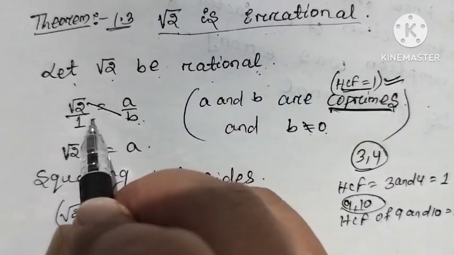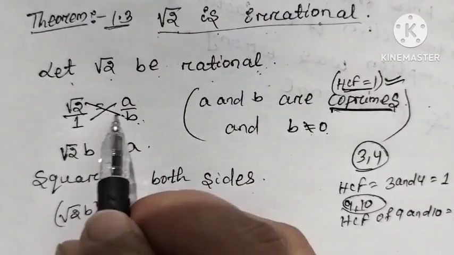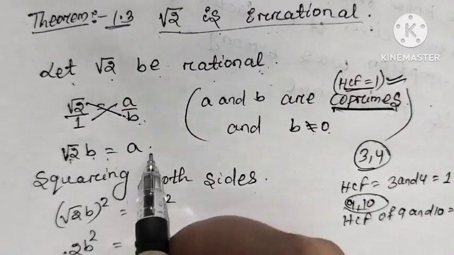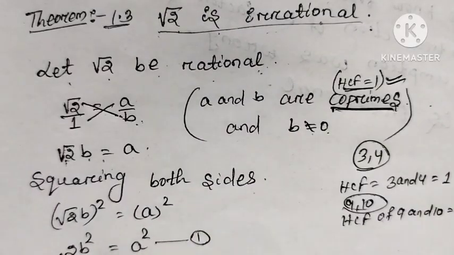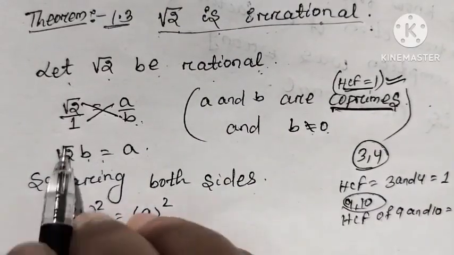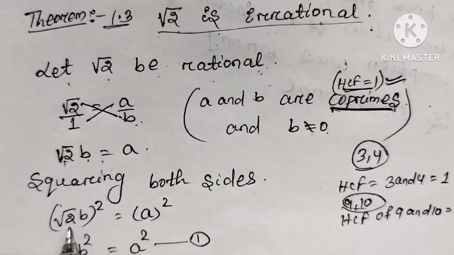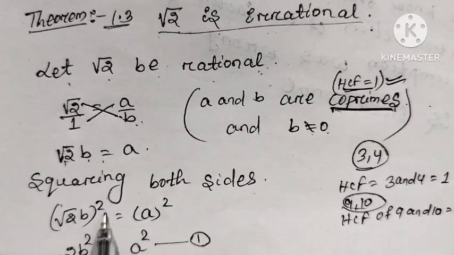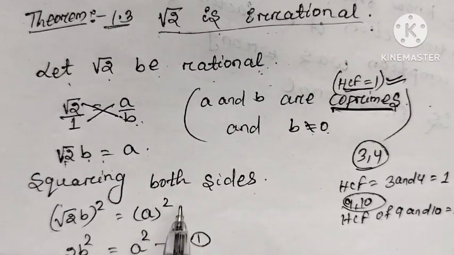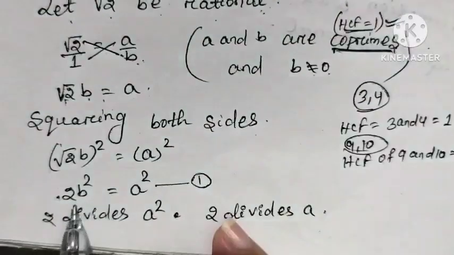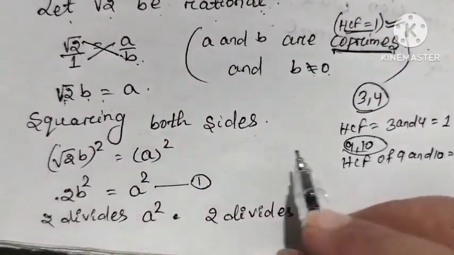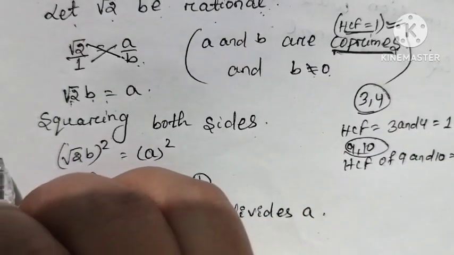Then you do the cross multiplication. Root 2 into b is equal to a into 1. Then squaring both sides. You take squares on both sides. Root 2 b square is equal to a square. Then it is root 2 into root 2. What is the meaning of that?